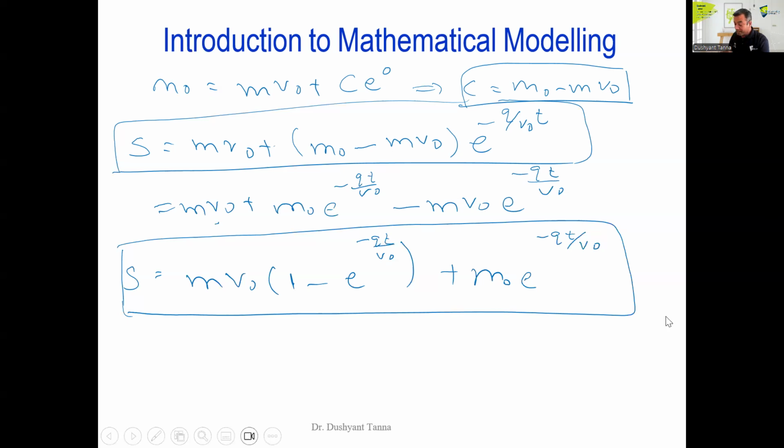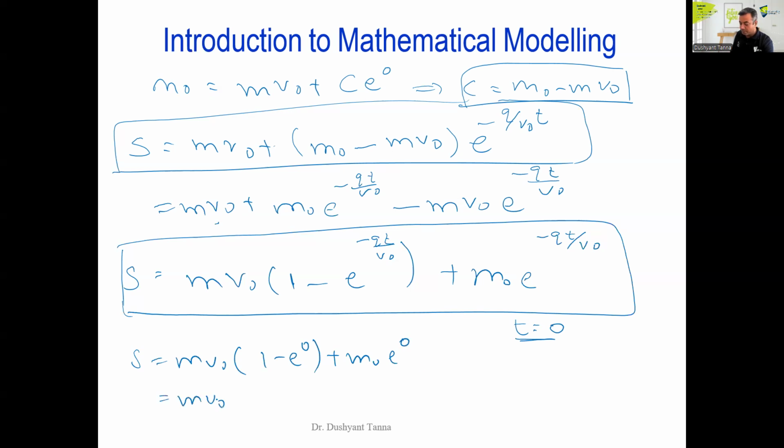If we have to verify it, we quickly verify it. What happens when t is 0? When t is 0, S is m v0 (1 minus e raised to 0) plus m0 e raised to 0.